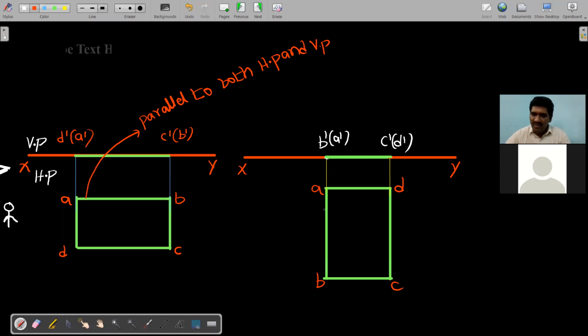Okay, but when you draw this one, when one of its longest sides, again I'm saying longest side, is parallel to HP and perpendicular to VP.